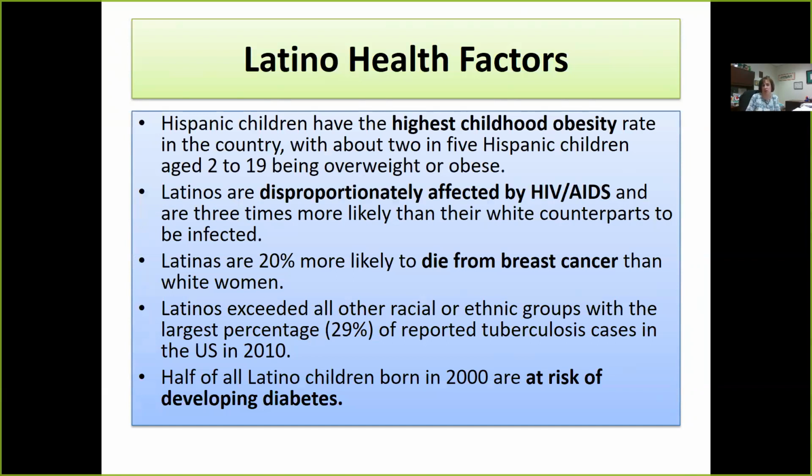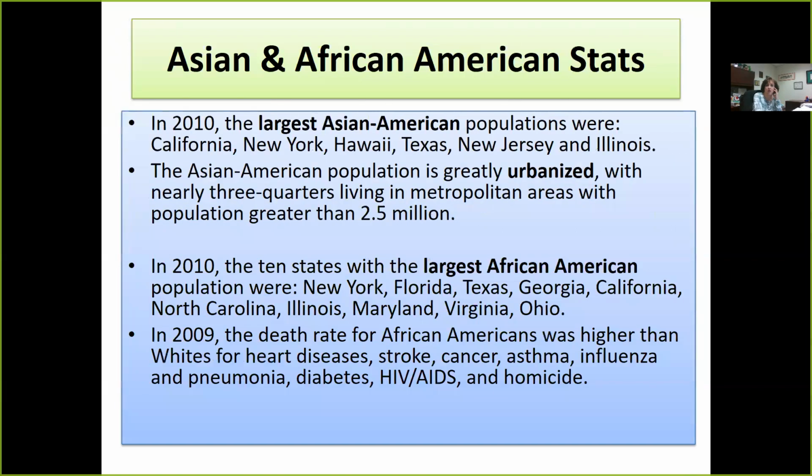Latinas are about 20% more likely to die from breast cancer. They have exceeded all other racial or ethnic groups with the largest percentage of reported tuberculosis cases in the United States, and this was in 2010. And about half of all Latino youth born in 2000 are at risk for developing diabetes.